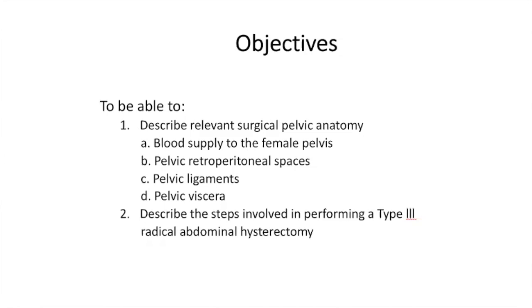The first objective, describing relevant pelvic anatomy, will give a brief view of the blood supply to the human female pelvis, the pelvic retroperitoneal spaces, the pelvic ligaments, and pelvic viscera.